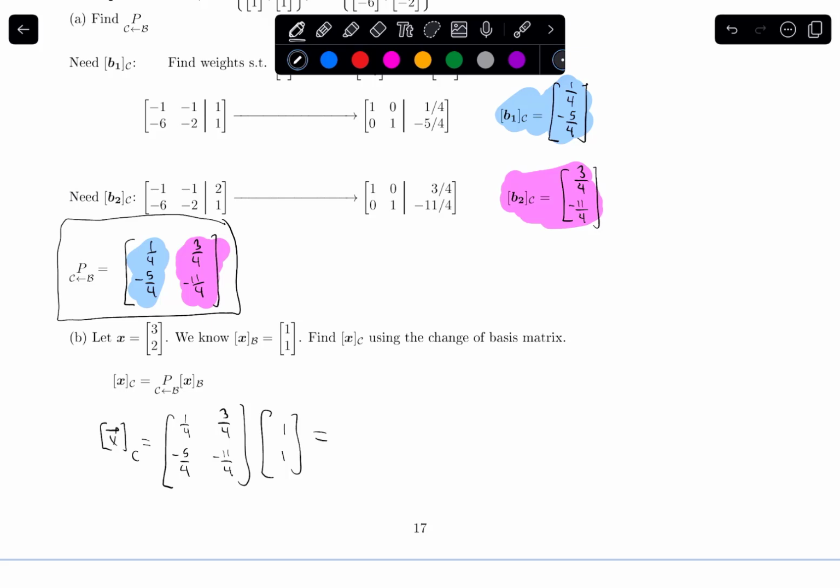Now if I do the multiplication, multiply 1/4 times 1, add it to 3/4 times 1, that gives me 1. And then if I multiply -5/4 times 1, and then -11/4 times 1, and add those together, I'll get -16/4, which is -4. Okay, so that's my C coordinate vector.